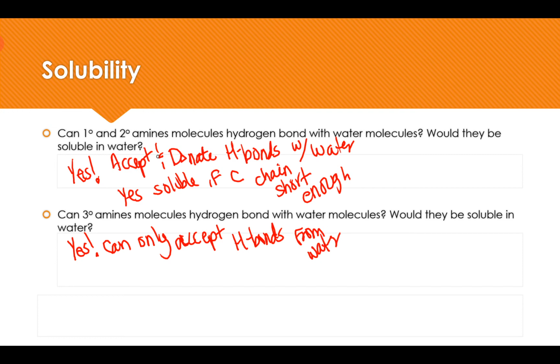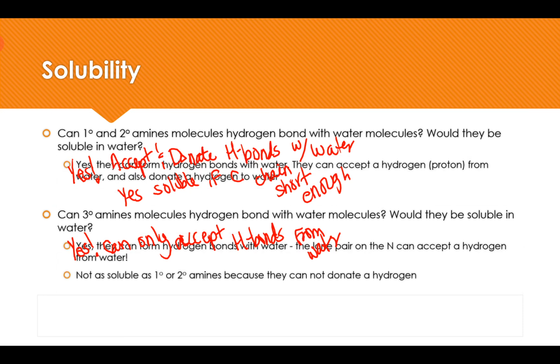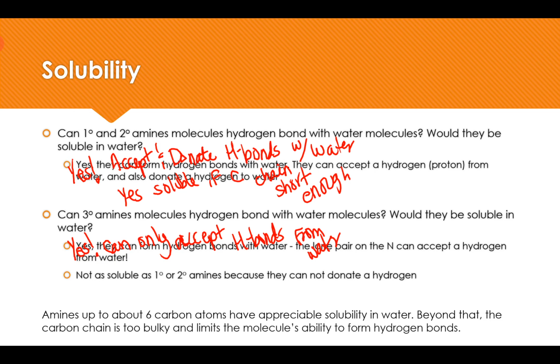Since these can both accept and donate and these can only accept, we expect tertiary amines to not be as water soluble as primary and secondary amines. And so your textbook says that amines with up to about 6 carbons are appreciably soluble in water, and beyond that, the carbon chain is too bulky and it inhibits the molecule's ability to form hydrogen bonds.